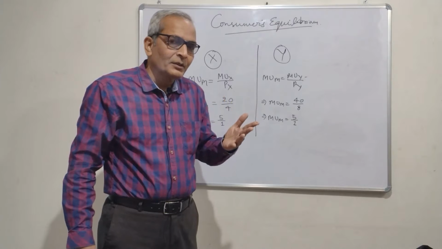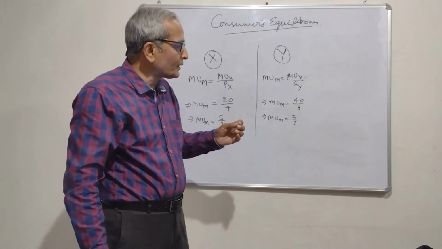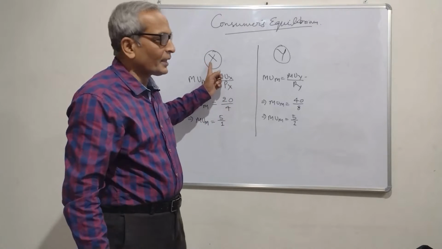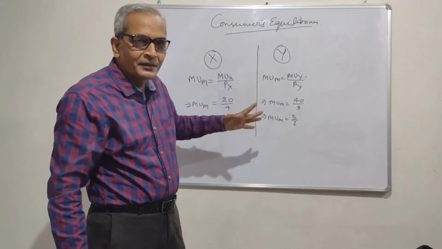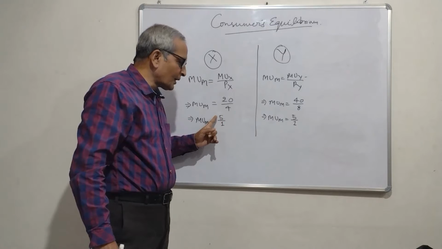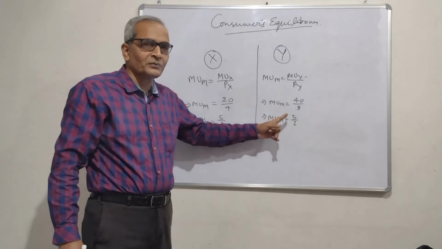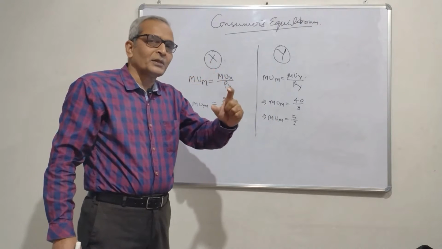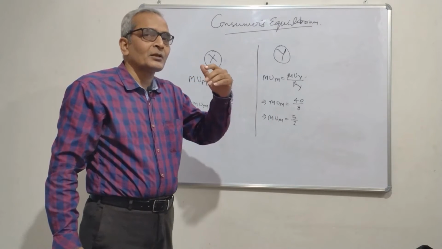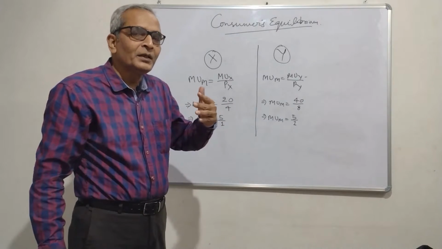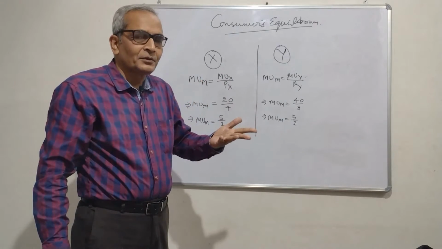I will just repeat it once again. When the consumer is spending rupee 1 on both commodity X and Y, and the marginal utility derived from the two commodities is the same, here in this case it is 5, that point of consumption is the consumer's equilibrium. Right? Now, how do we express it?